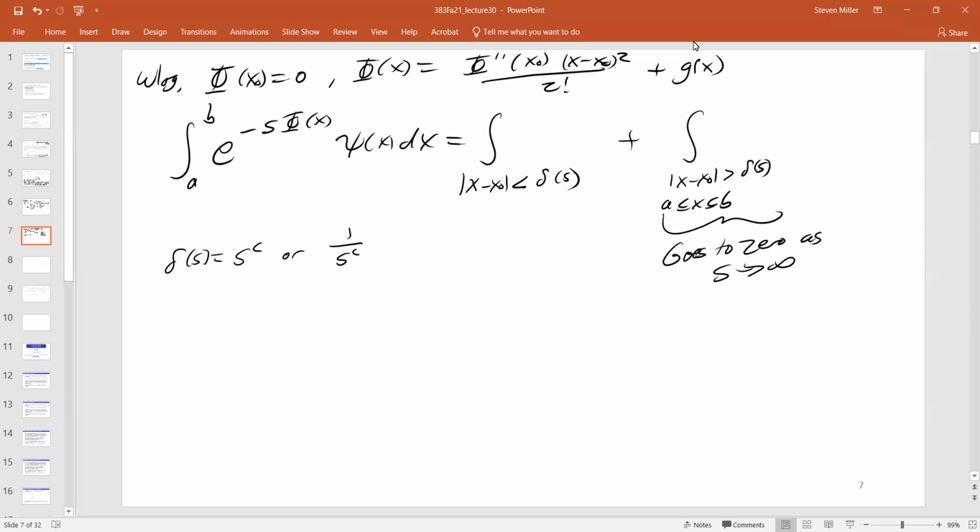In the first case, if I'm writing it as s to the c, what can you tell me about c? What's your intuition telling you? What should be true about c? If c is positive, that means s is going to infinity, and we are making a tremendously large motion.